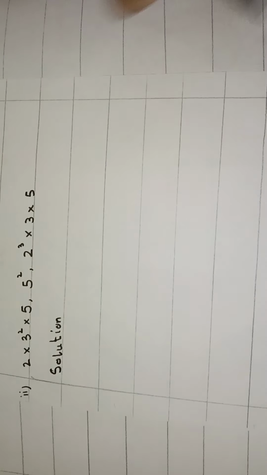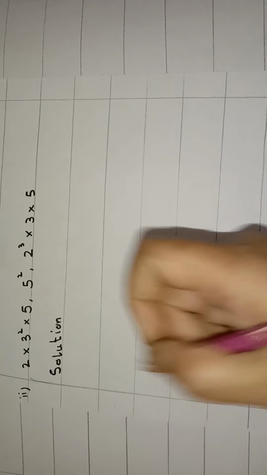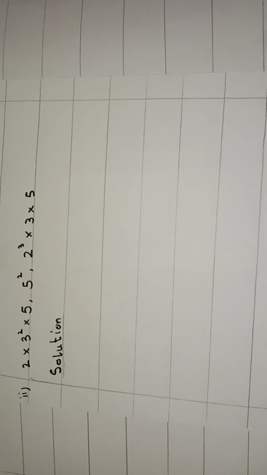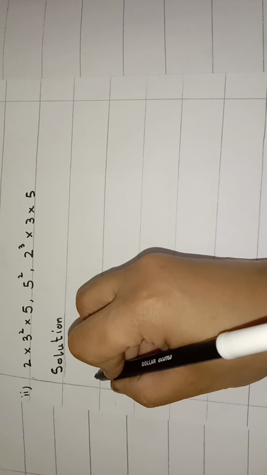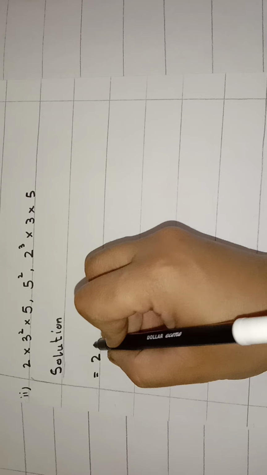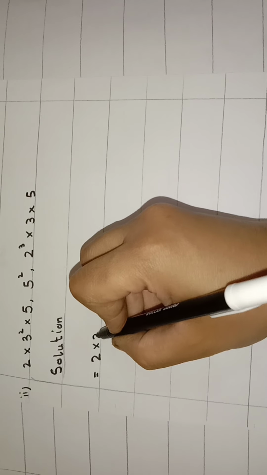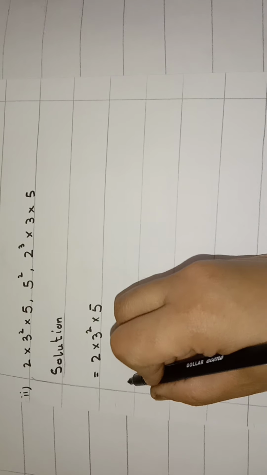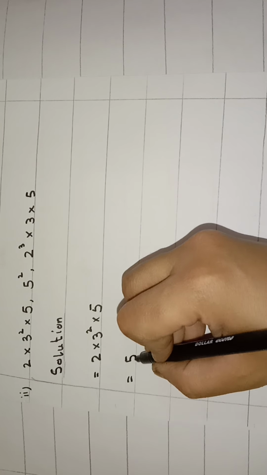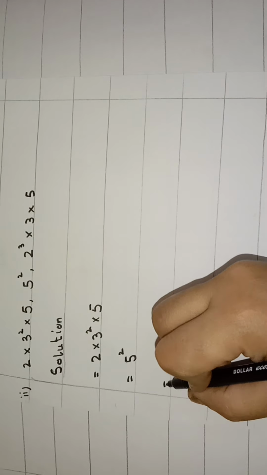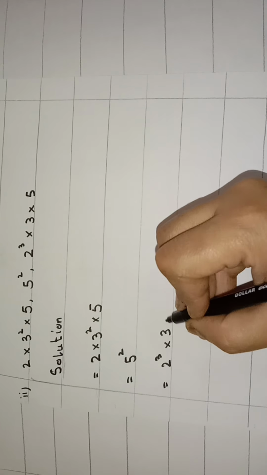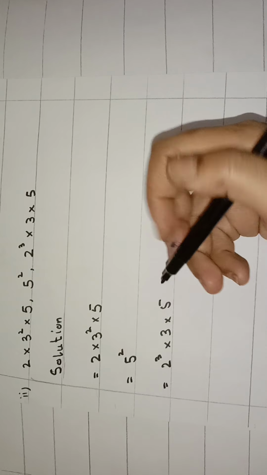Write the heading of the solution, underline it, then write these terms vertically with the equal sign. 2 multiply by 3 power 2 multiply by 5. Second term is only 5 power 2, and the third term is 2 power 3 into 3 into 5.